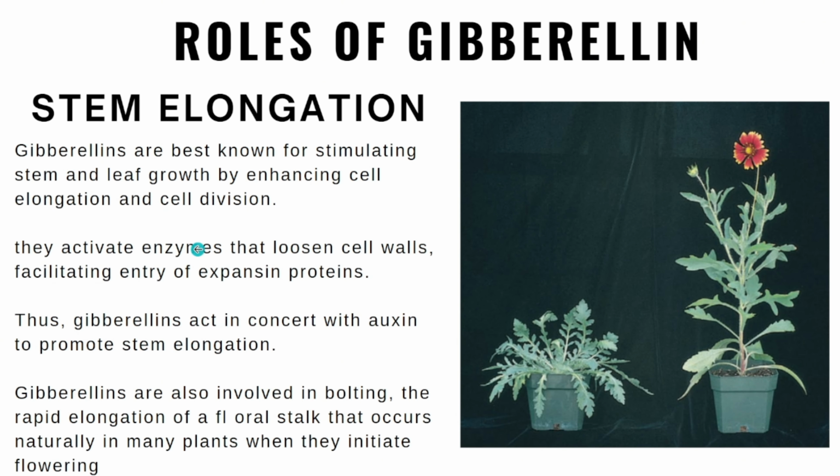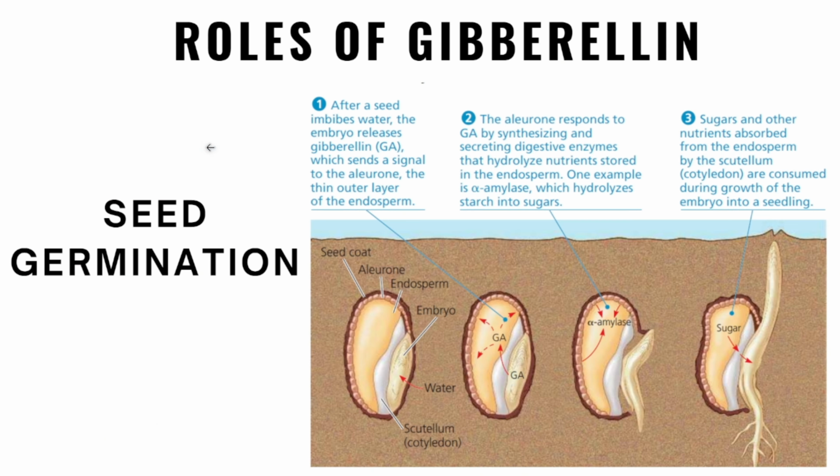They can activate enzymes, and gibberellin can act in concert with auxin to promote stem elongation. Auxin plays a role in cell elongation, right? Gibberellin can too. Of course, the next one is seed germination, which I will explain in the next chapter, so this time I will not explain more.